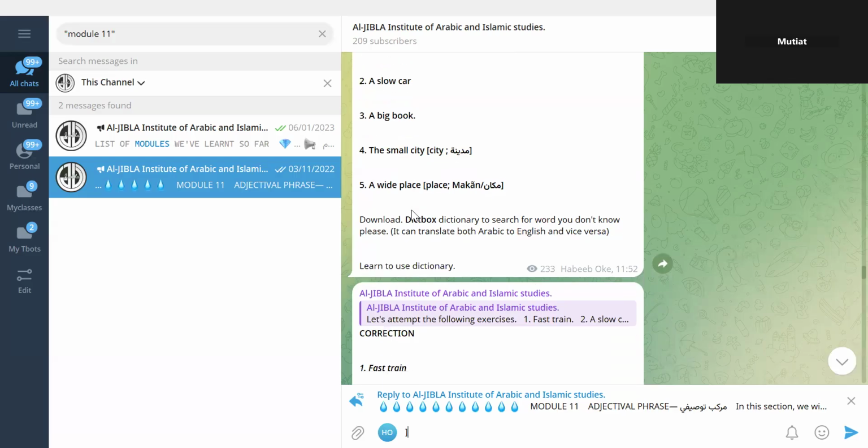A small city. Al-Madina saghira. Oh yes, the small city. If you say Al-Madinatu saghiratun, what you are saying is the city is small, right?